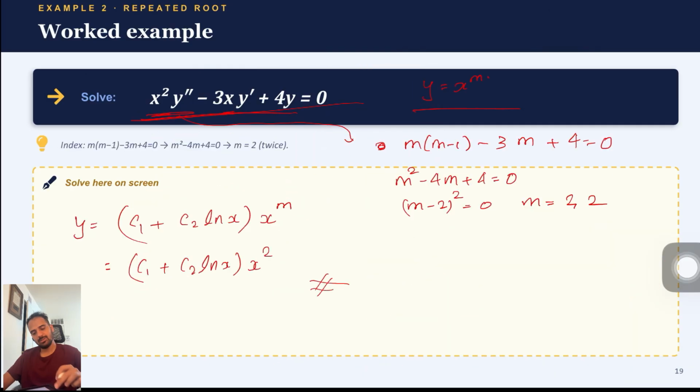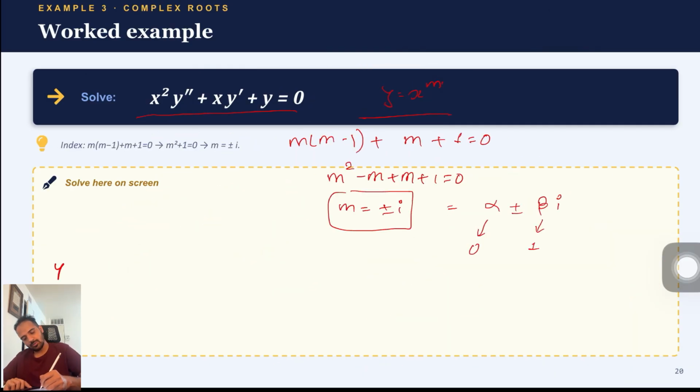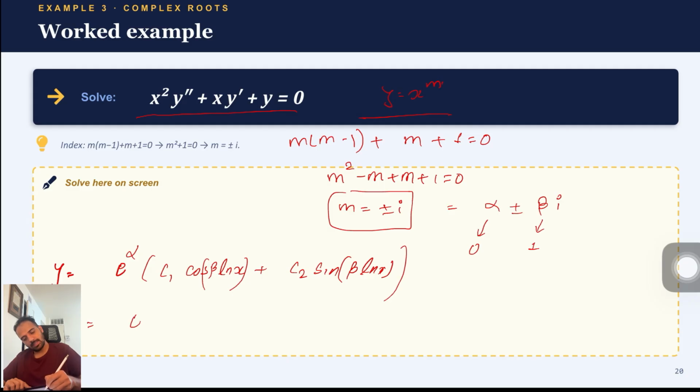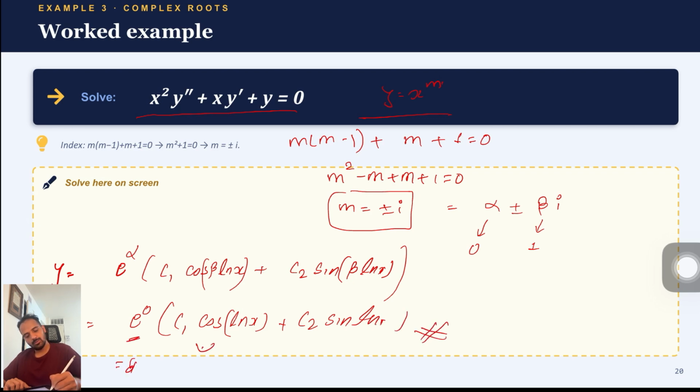Your alpha here is 0, so x⁰ is 1, and your beta here is 1, so c1 cos(ln x) plus c2 sin(ln x). Okay, so this will be your solution.